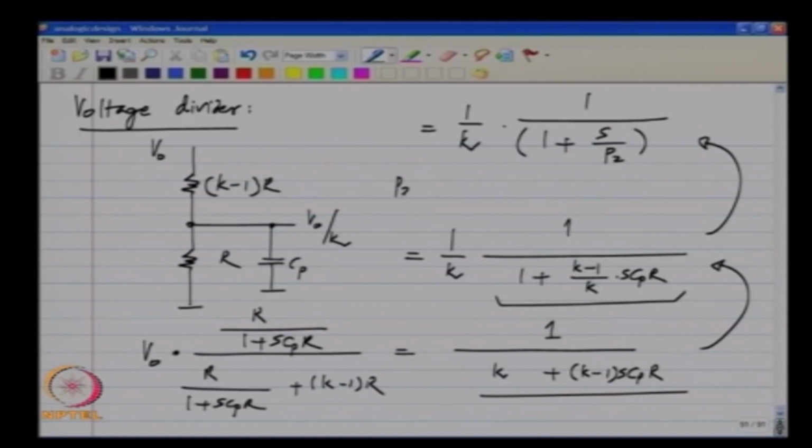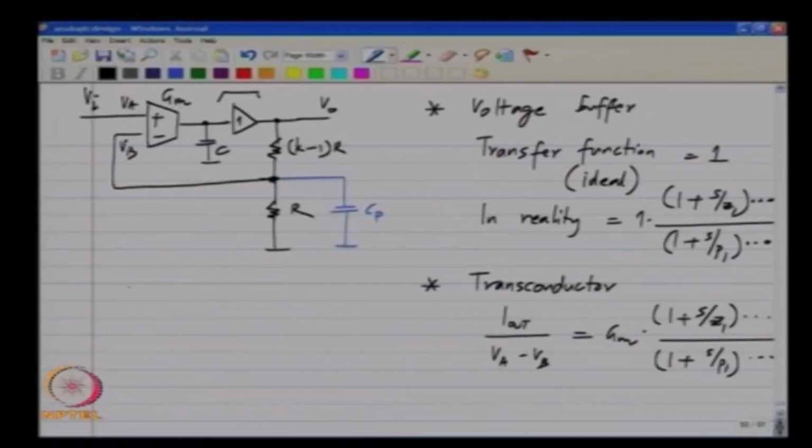In this case, P2 happens to be k by k minus 1 times 1 by Cp R. So, in the voltage divider also you can have a pole, and we will see soon that a pole acts like a delay.